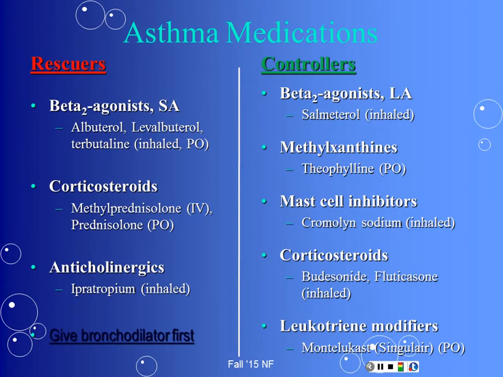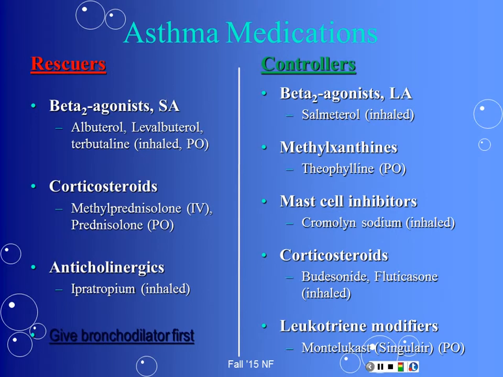Our rescue meds are generally going to be our beta-2 agonist or short-acting beta-2 agonist, which is going to be your bronchodilators. So that's going to be your albuterol, your levalbuterol. They may use terbutaline. That's generally only if it's severe and it can't be controlled by the other.